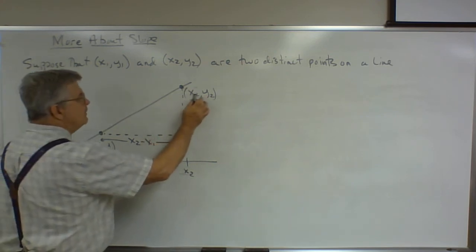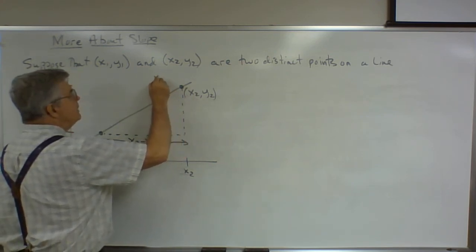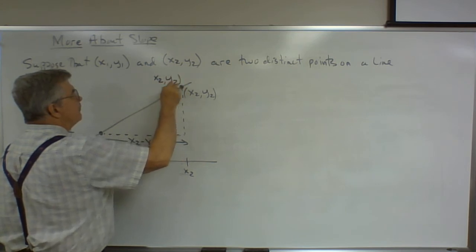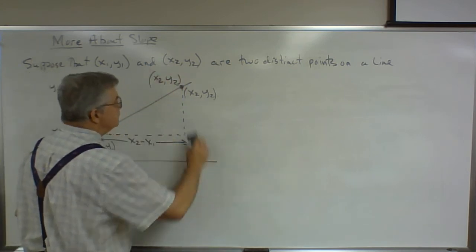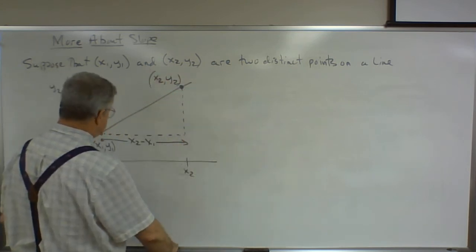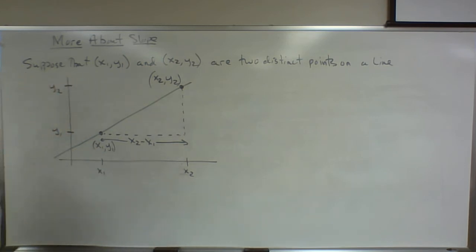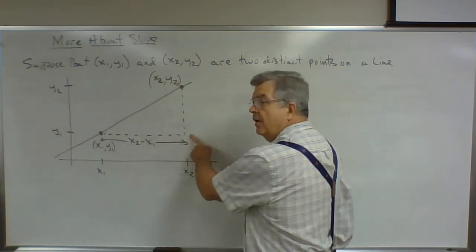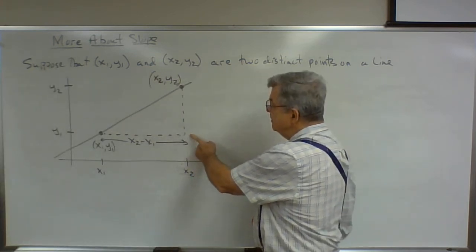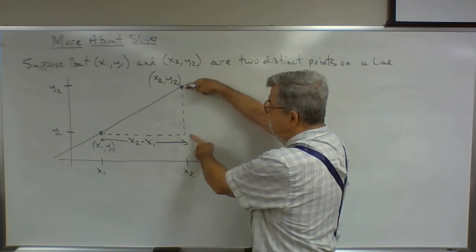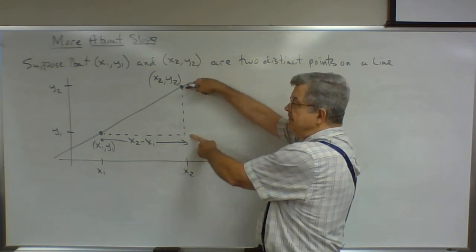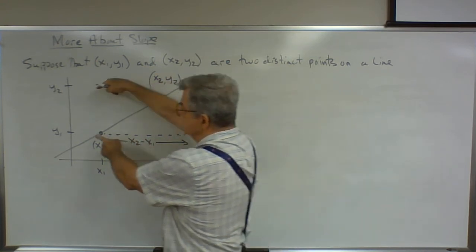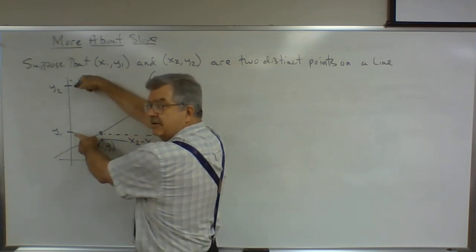And let me rewrite the coordinates of this point up here, just to get them out of the way. What's the vertical distance from here to here? Isn't this vertical distance the same as the vertical distance from here to here?